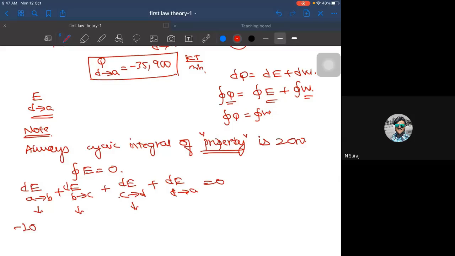Plus delta E from B to C, 21,000. Plus delta E from C to D, minus 36,600. Delta E from D to A has to be found out.